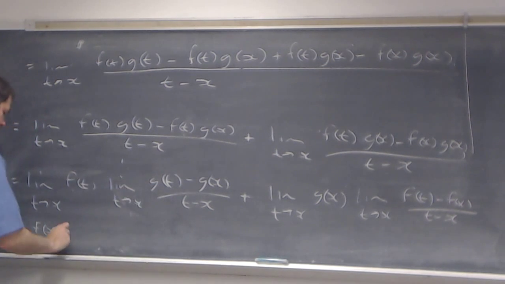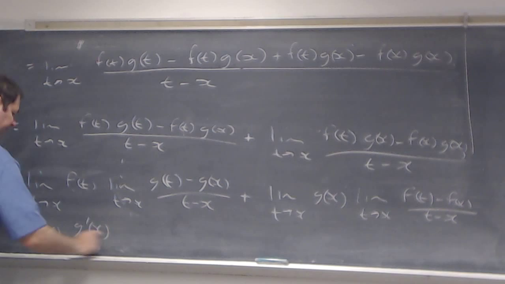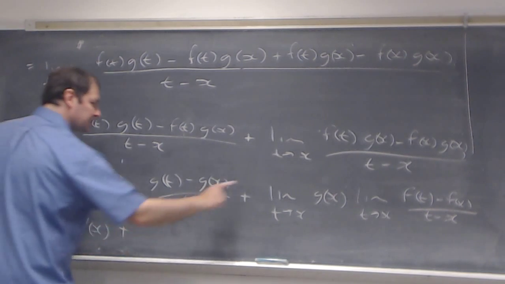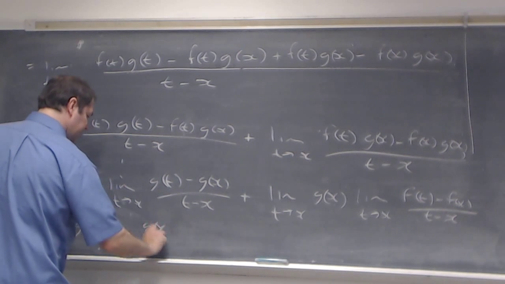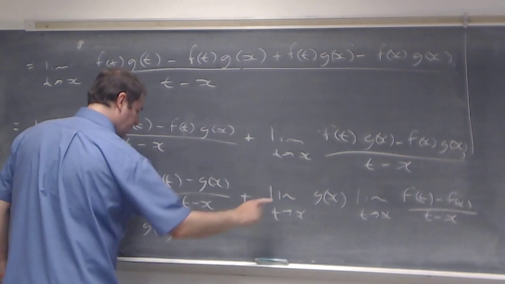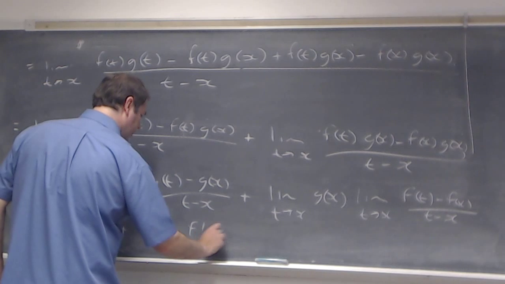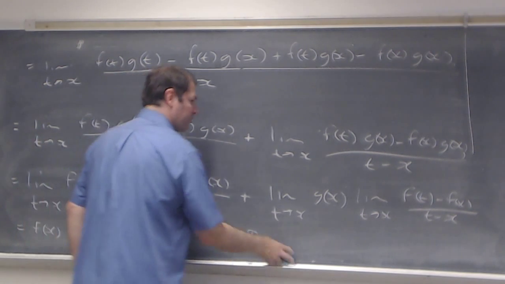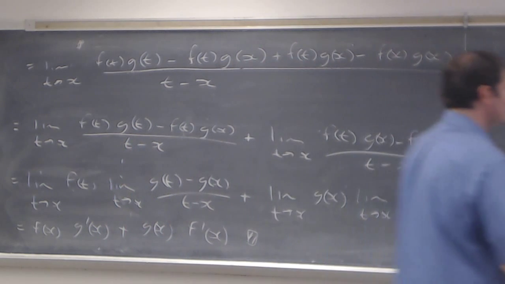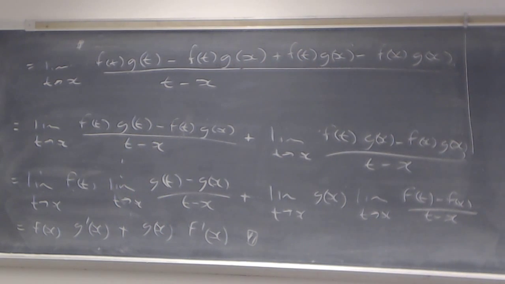Here, this is the derivative of g evaluated at x, plus this is the limit of a constant, so it's just g of x, which is the constant itself, and what follows is nothing more than the derivative of f at x. That's what we were trying to show for part B, and that's just the formula of the product rule.